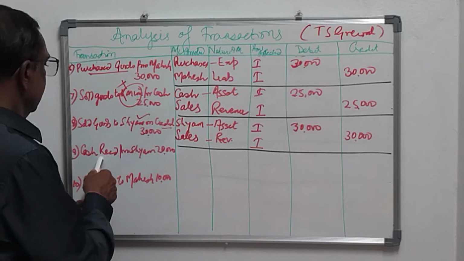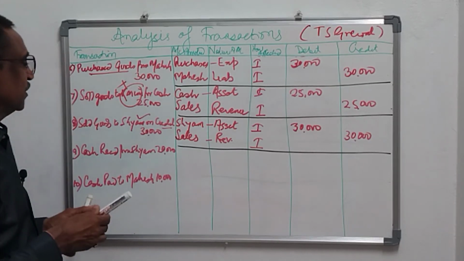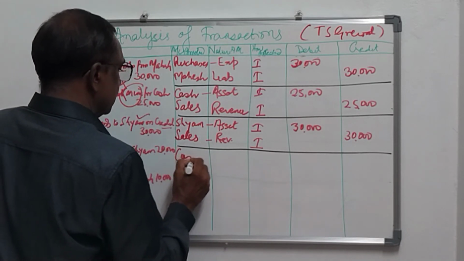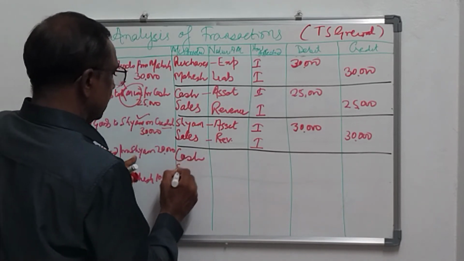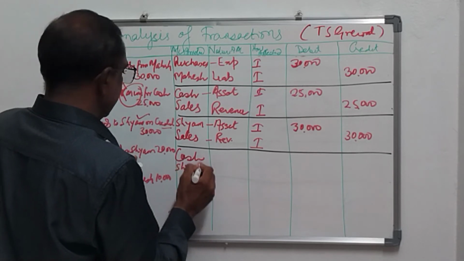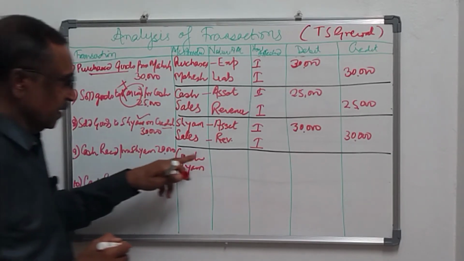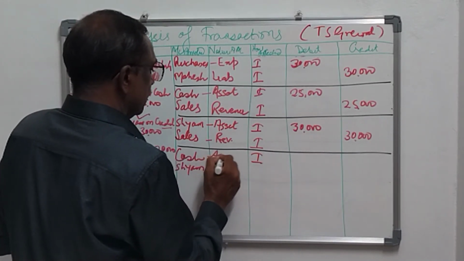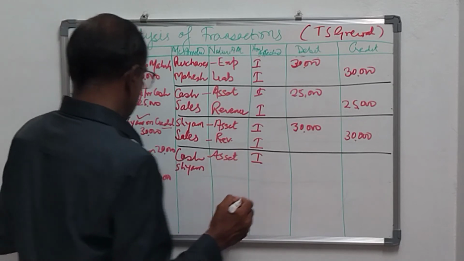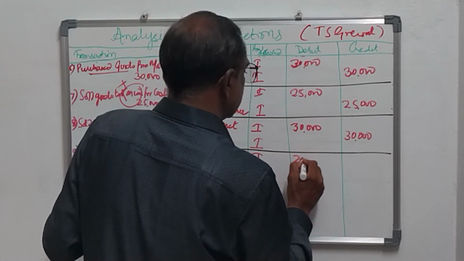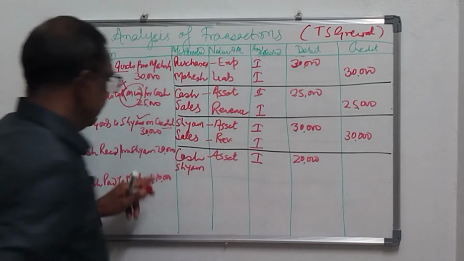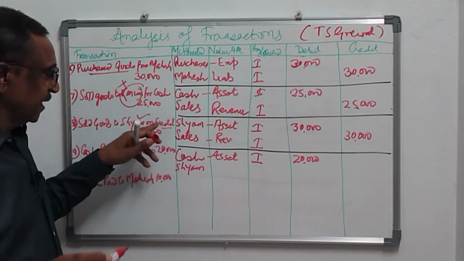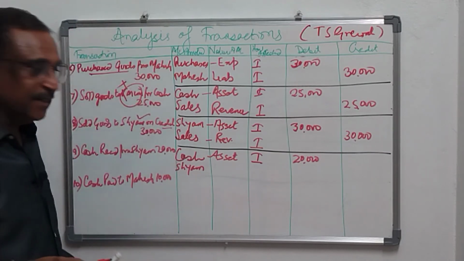Next is cash received from Shyam 20,000. Now one account is cash and other account is Shyam. The business cash is increasing and cash is your asset. So increase in asset is debited. And why is your business getting cash? Because Shyam is paying against the goods sold to him earlier.